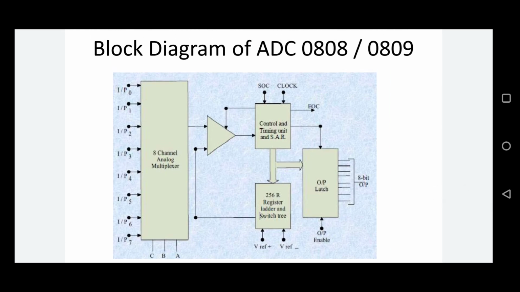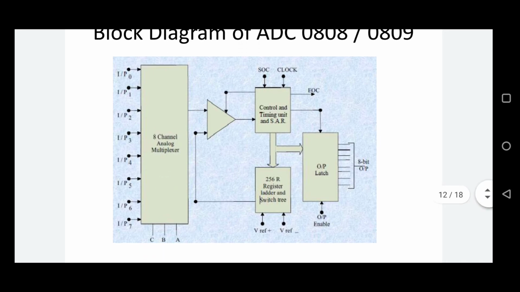After that there is a register called the successive approximation register, that is SAR. Here are the control and timing unit and SAR. The inputs of this register are SOC and clock. The output is EOC, that is end of conversion. The positive reference voltage and negative reference voltage are given to the 256 R resistor ladder and switch tree.